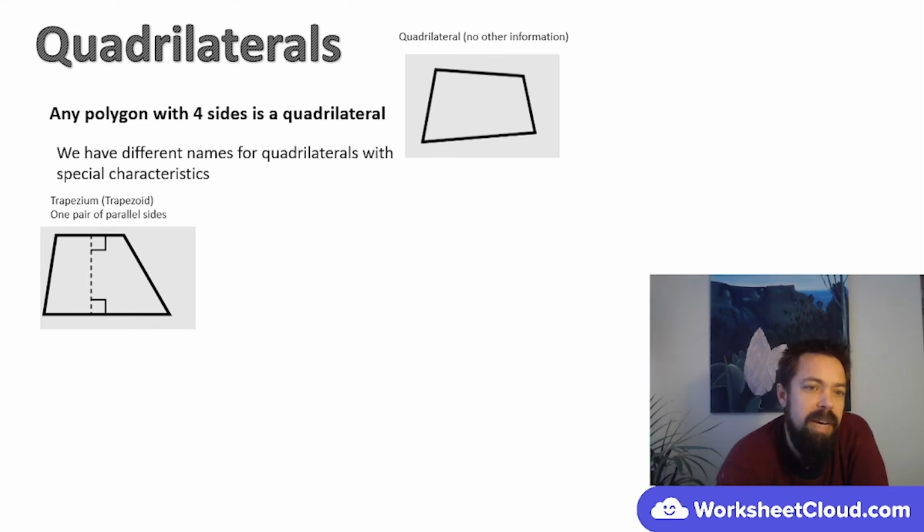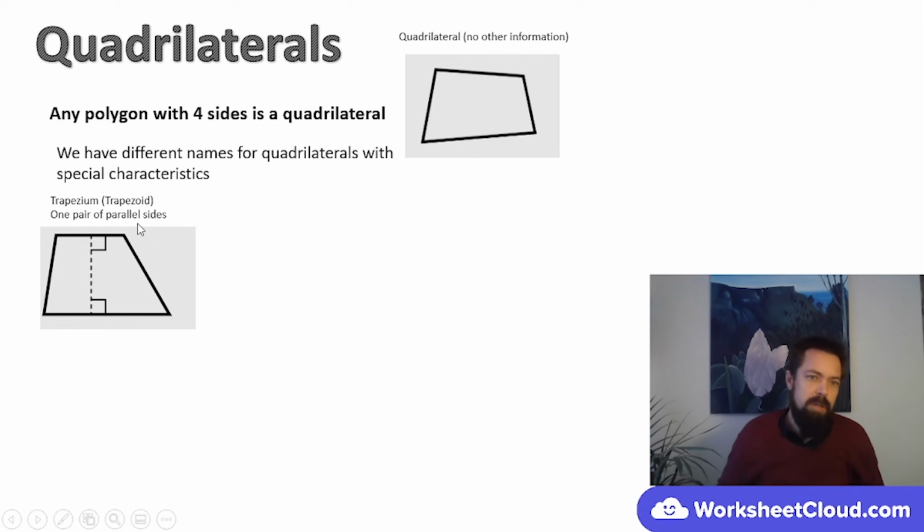However, if we have two sides that are parallel, so one pair of parallel sides, this side and this side, we call that a trapezium. The Americans call it a trapezoid, but we call it a trapezium. So it's got one pair of parallel sides.